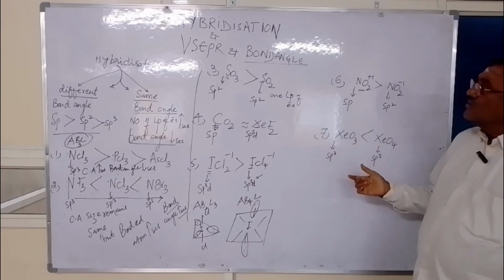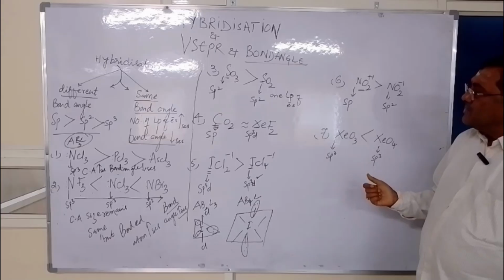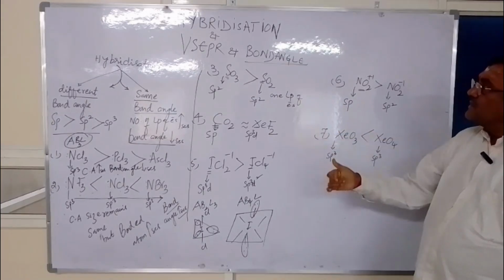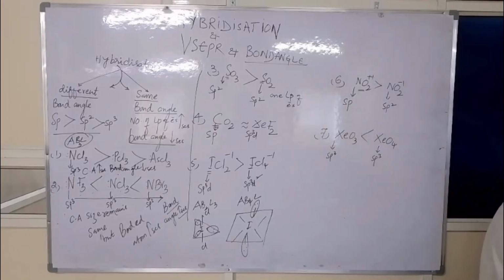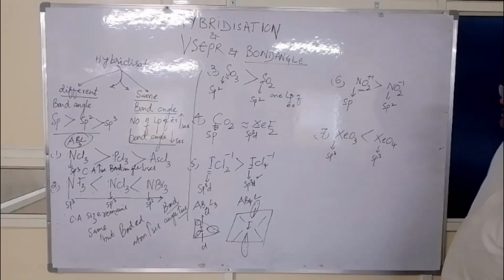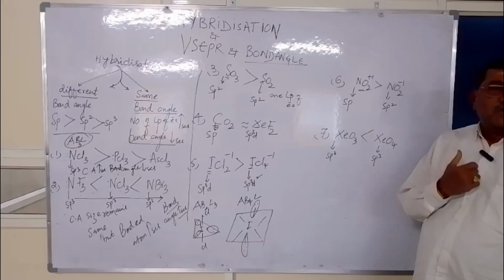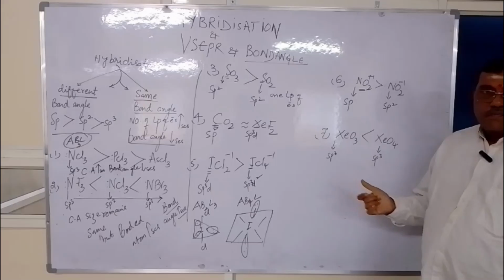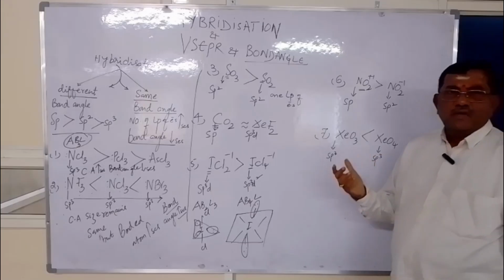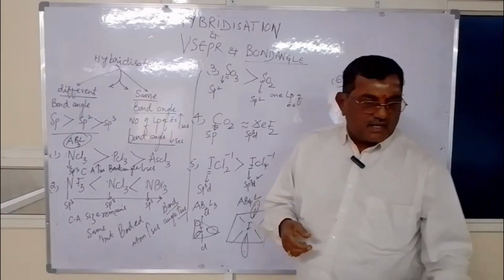So, children, what we learned is the bond angle, VSEPR, as well as this hybridization concept, and we have already learned the simplest form of this: lone pairs, bond angle, and VSEPR. There is a possibility of a definite question in this case, children.